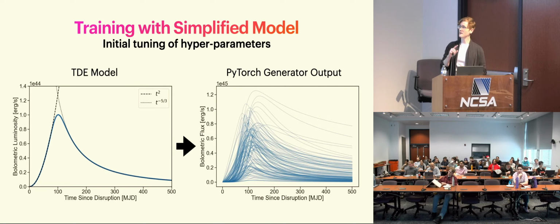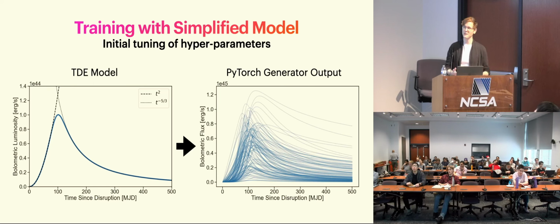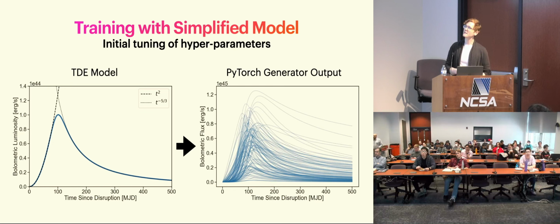The variables that are changing in this are basically the power law indexes for the rise time and the fallback time, the smoothing parameter between the two power laws, which can dictate the width of the peak, which has been associated with, for instance, the viscosity behavior in the accretion disk in the fallback rate of the TDE. And then the amplitude of the power laws.